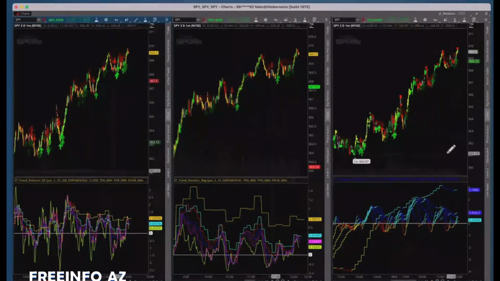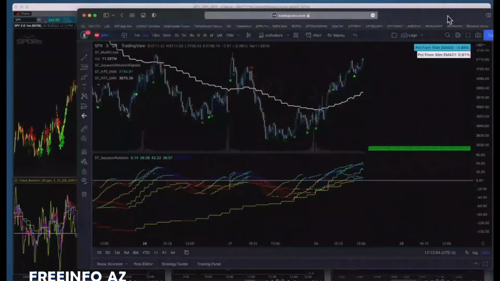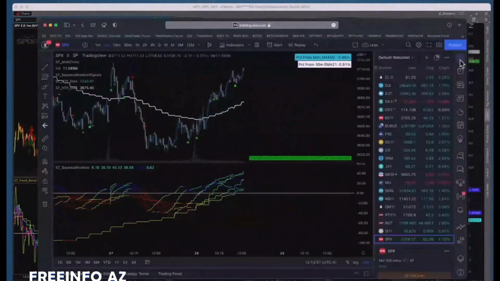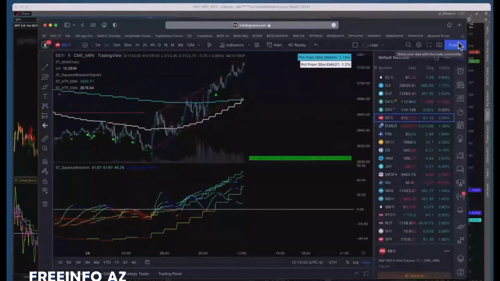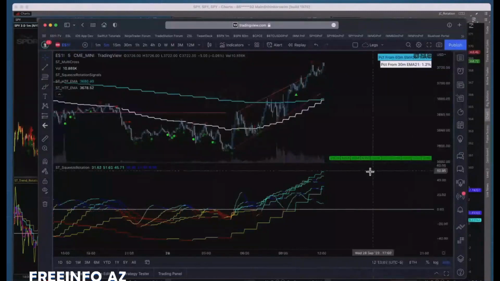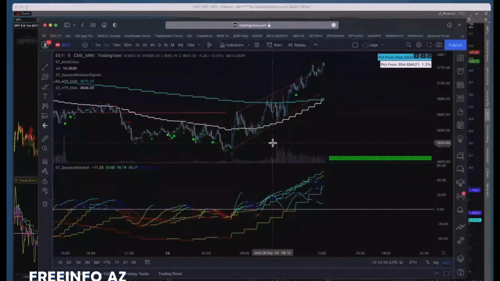Any plans for updates to the TradingView version? So the TradingView versions, they're all there. We've got the rotation, the rotation SD, as well as the squeeze rotation. They all function exactly the same. All the inputs are the same. They're essentially the same, so I don't know that there are any updates required there.